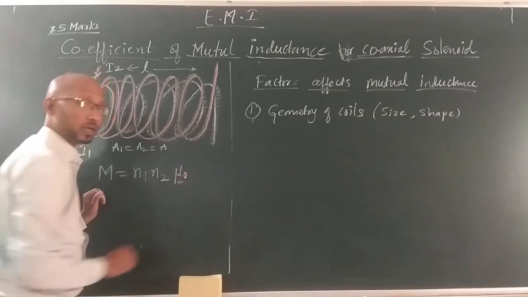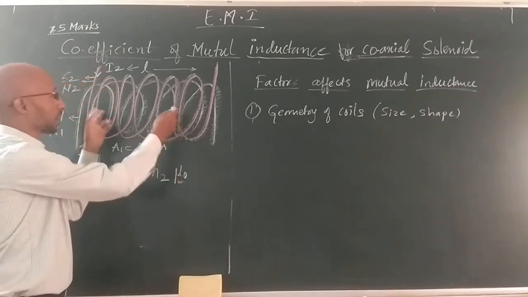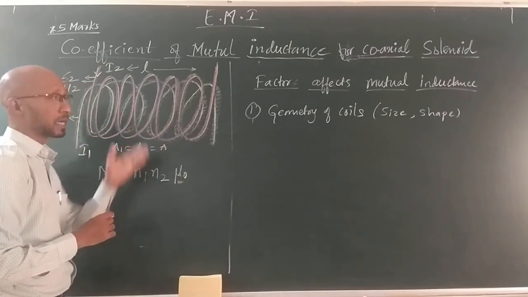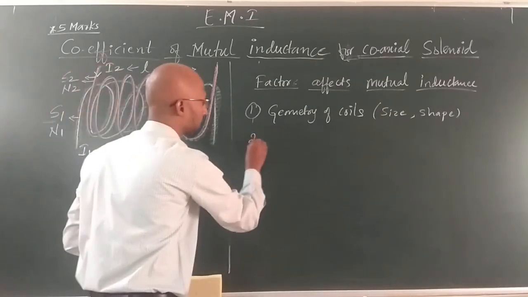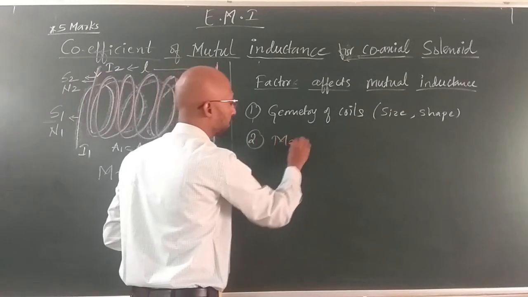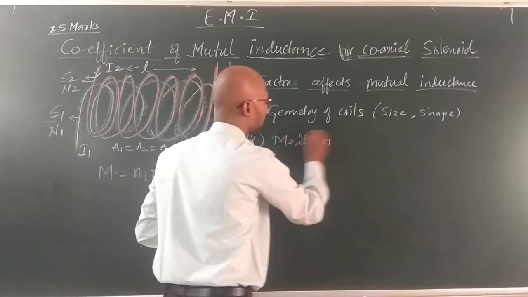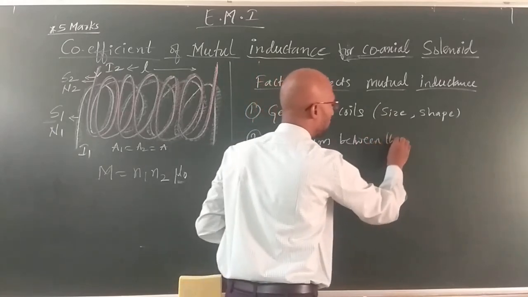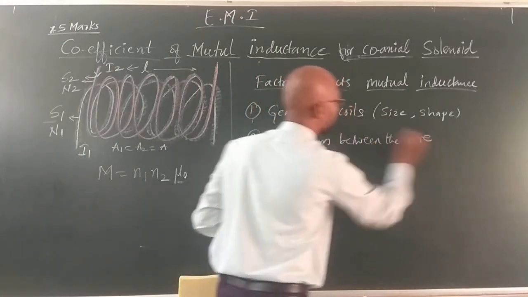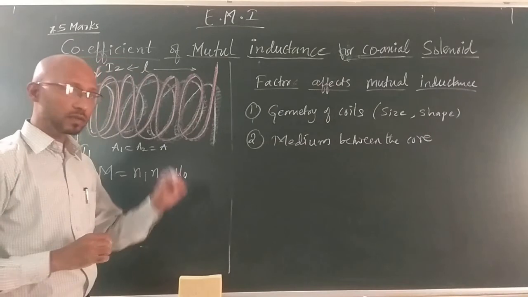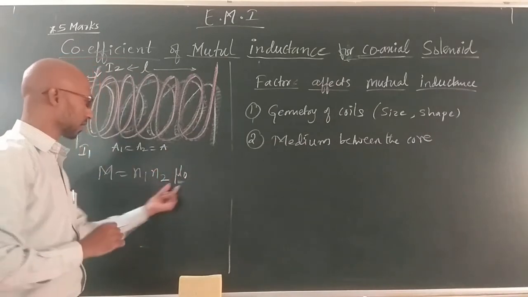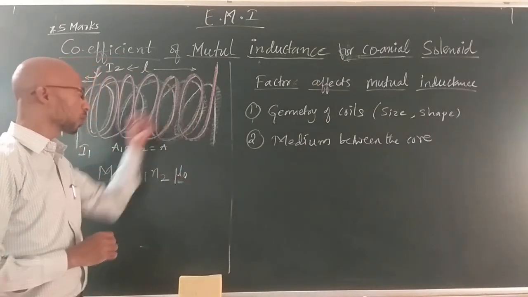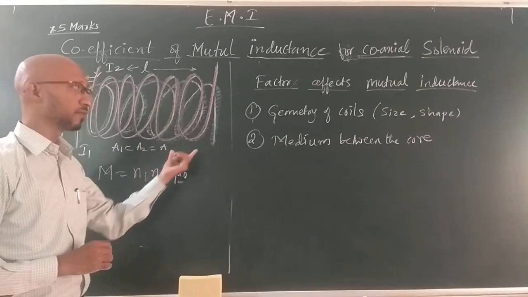Mu naught is what? Permeability. Here I have an air core. That's what it means: the medium between the core. This is a very important factor. What is the core medium? If the core medium changes, if I wind this on a soft iron core, then definitely what happens?